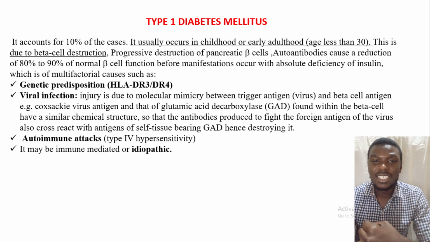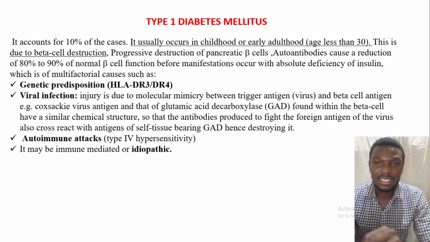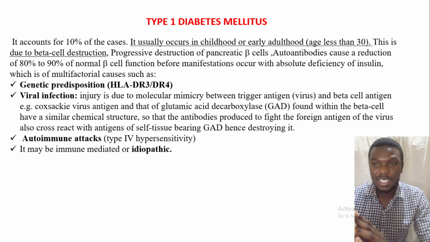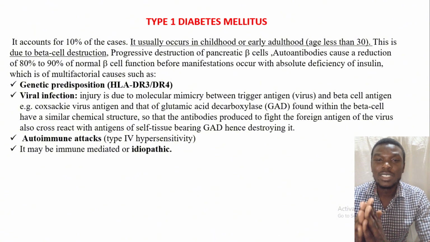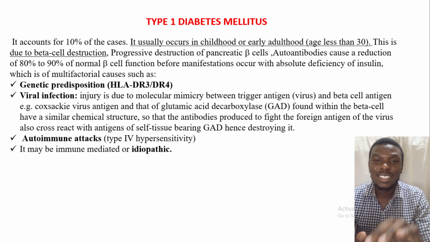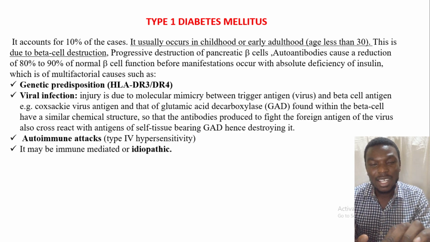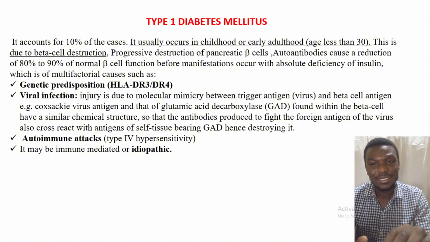And then infections. So there are some instances where a patient has an infection, a viral infection in this case, where the immune system mounts an immune response against this virus, but in the process creates antibodies against components or proteins of the pancreas, which is later attacked.